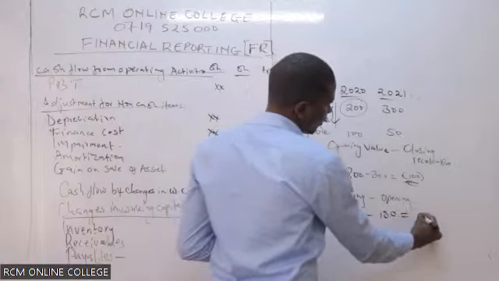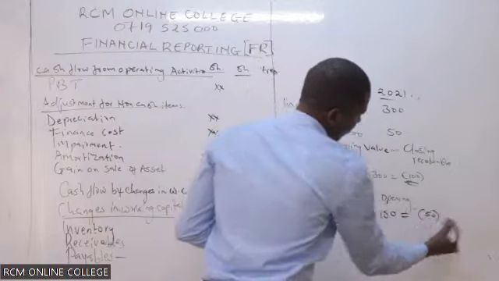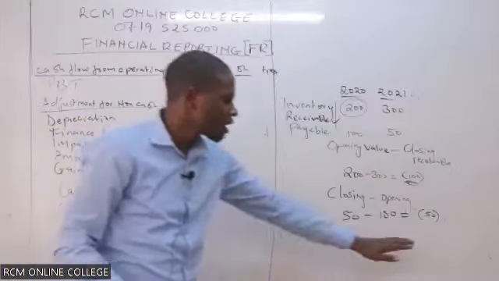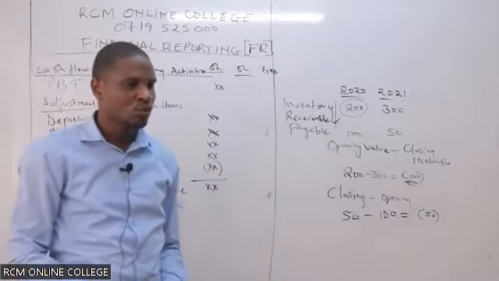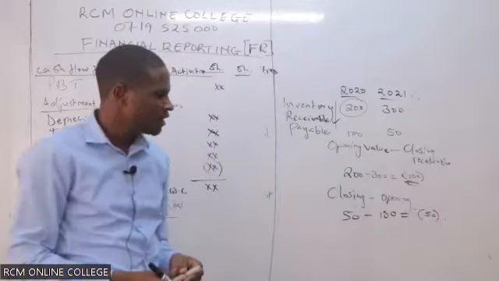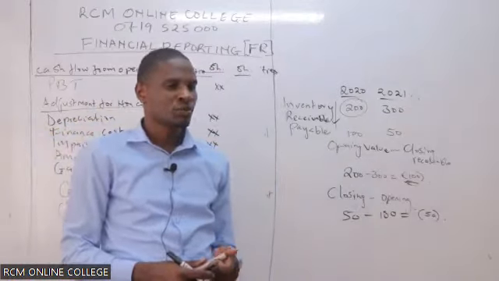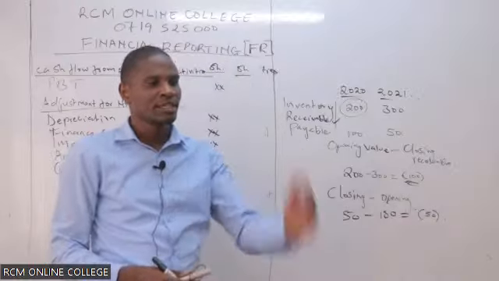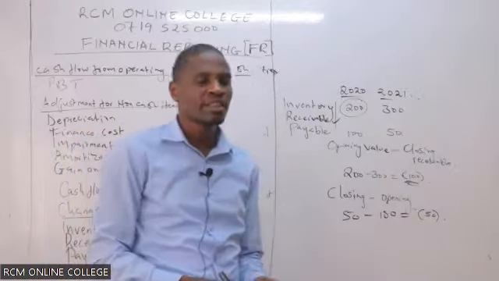I don't have to think, and this is minus 50. That means there was an outflow from the company. That means the company paid for debt.